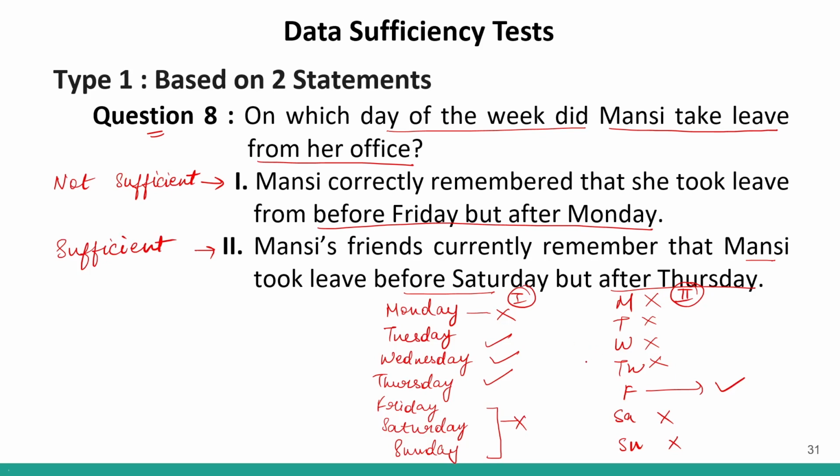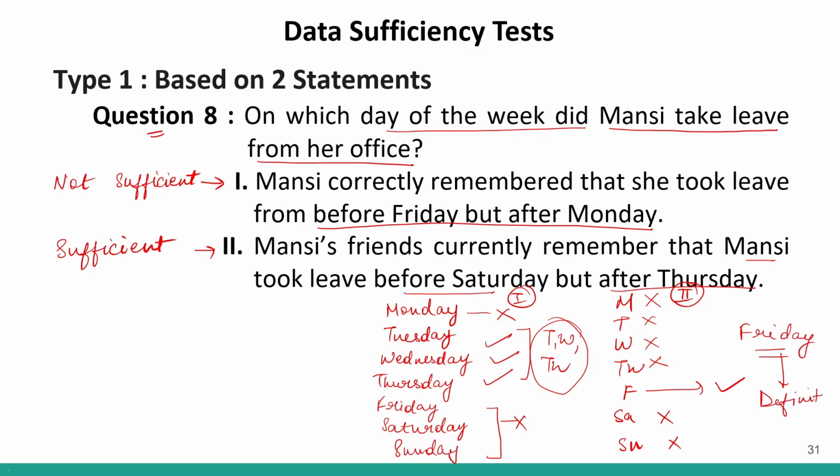Now, let us look at these statements together. From statement 1, I am getting 3 possibilities, that is Tuesday, Wednesday and Thursday. Correct? And from statement 2, I am getting a definitive answer, which is Friday. So basically, they are contradictory. Over here, we had 3 different possibilities, and over here, this is the definitive answer.